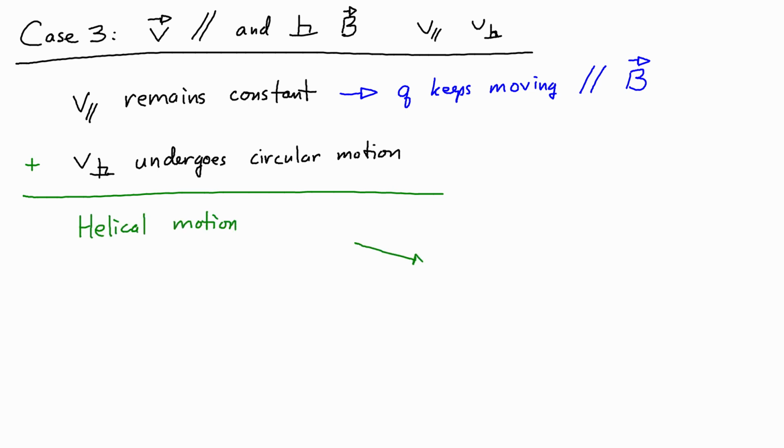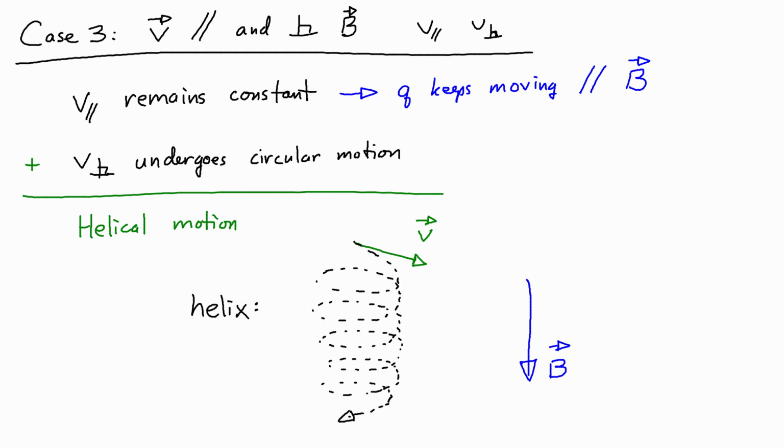And I'll try to draw this as if we're looking at it from the side. If we have a particle that's moving to the right and slightly down at some instant in time, and we have a magnetic field that is pointed straight down, then the particle will describe a helical trajectory. And if we draw that out, we would get a helix.